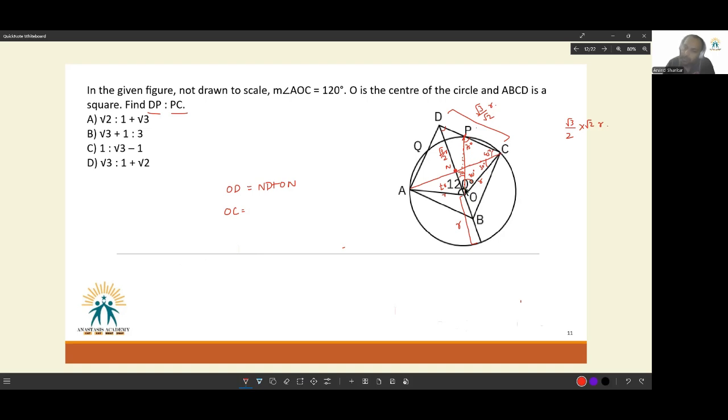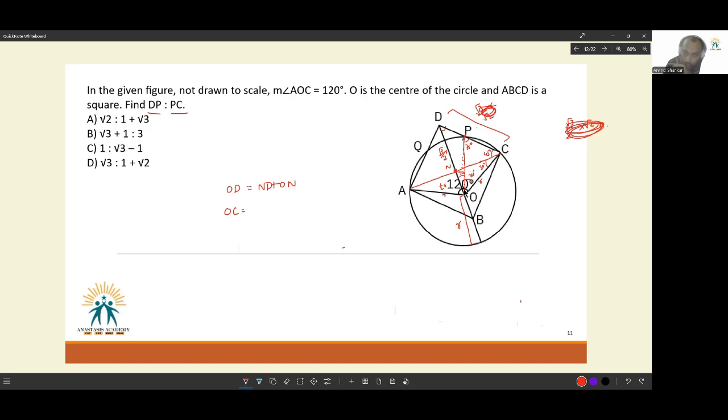If this is R, opposite to 60, if this is R, this is the entire thing, root 3 R. Okay, if this is R, opposite to 90, opposite to that will be half R. Here it will be root 3 by 2R. This will be root 3 by 2R. So this entire length is root 3 by root 2R, no problem. Or even this I don't really need anymore. This is root 3 by 2R. This is root 3 by 2R.